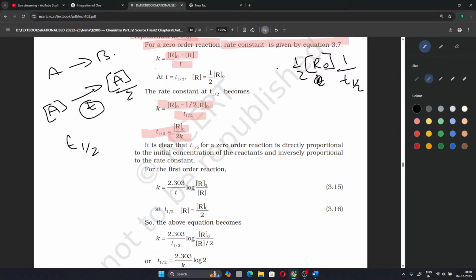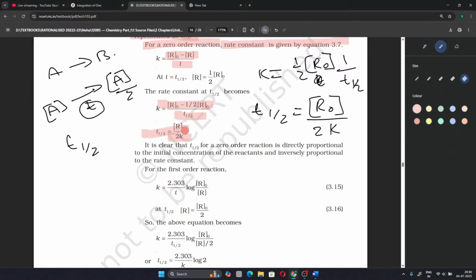Shifting k to that side, t half equals initial concentration by 2 times the rate constant. It is clear that t half for a zero order reaction is directly proportional to the initial concentration of the reactants: higher the initial concentration, higher the time taken. It is inversely proportional to the rate constant: higher the rate constant, lower the time taken.